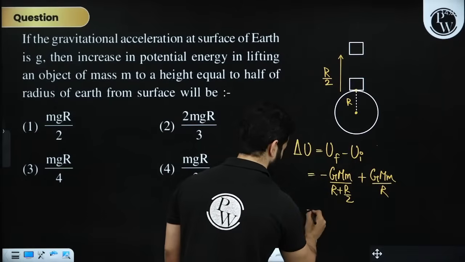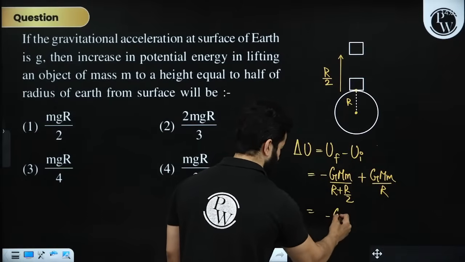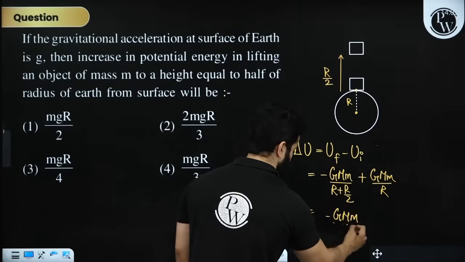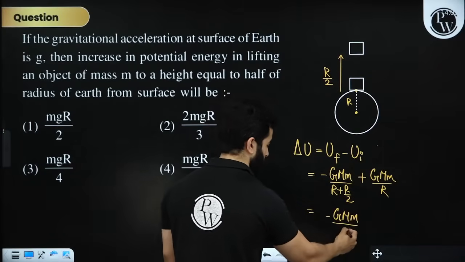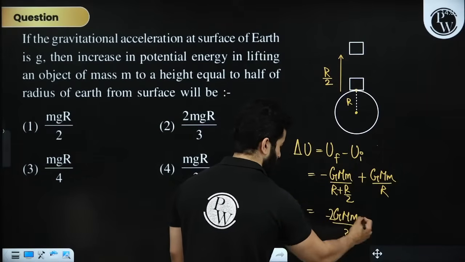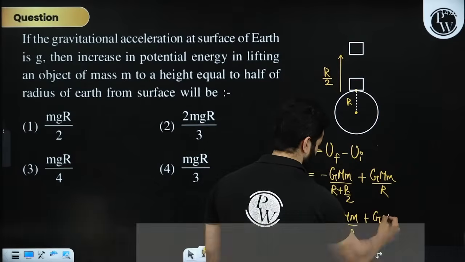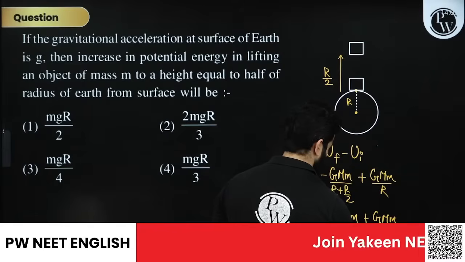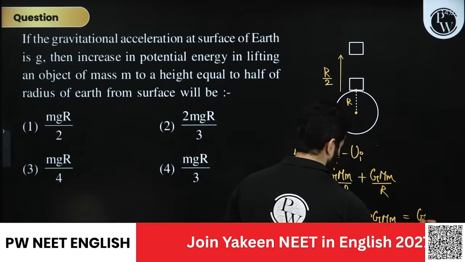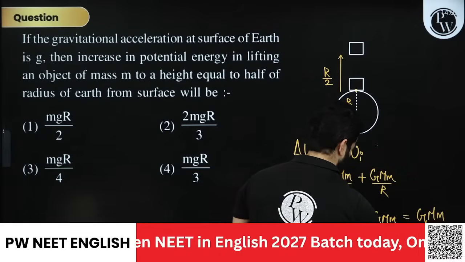This is going to become minus GMm upon 3R over 2, and plus GMm upon R. Let's write 3 and let's write 3. So finally you will get GMm upon 3R.